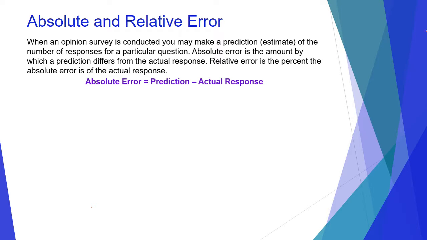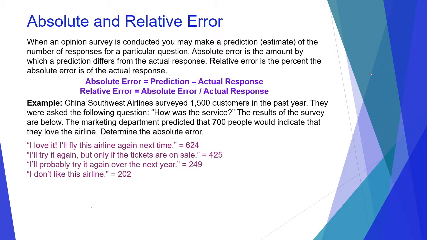Looking at this example right here, we're going to try it out. So there are 1,500 customers, same scenario as earlier, right? This time, the marketing department predicted that 700 people would say they love the airline. Let's determine the absolute error.